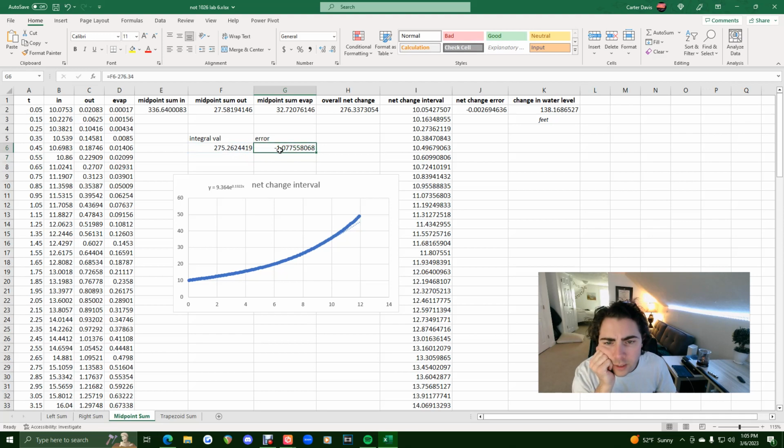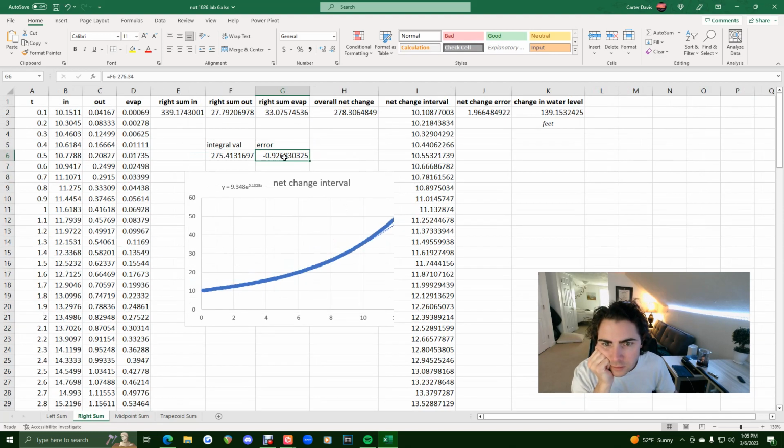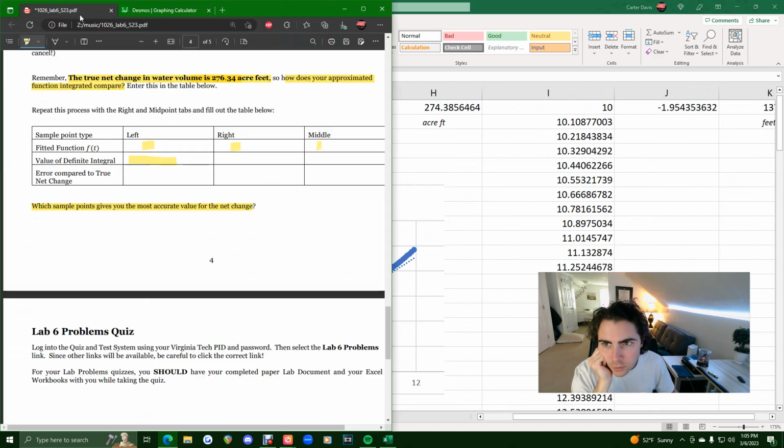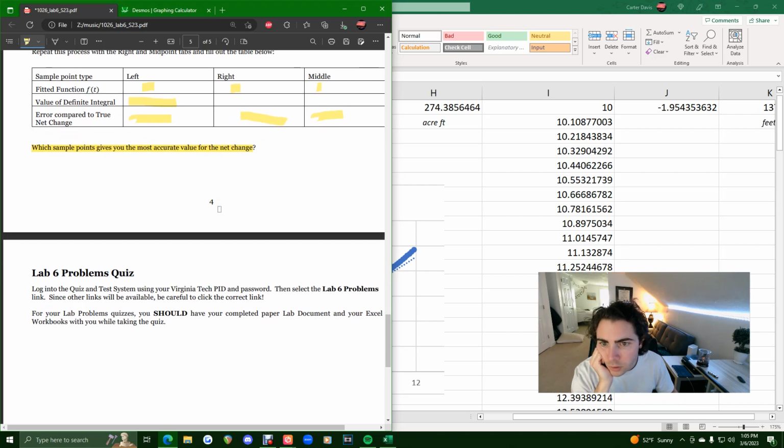We get about negative 1.07, negative 0.92, and negative 1.027. So those are all the errors compared to the true net change.